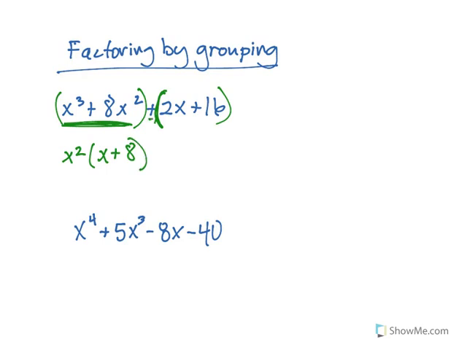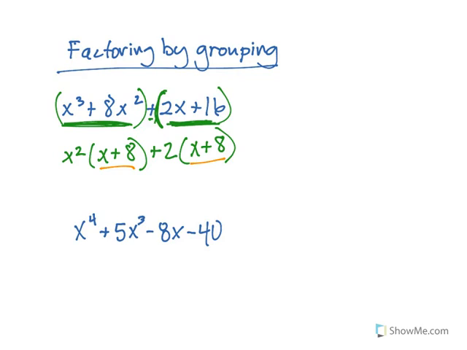Okay, I have a plus sign, so plus sign. Is there anything I can take out here, a GCF? Yes, a 2. I should have x plus 8. Guys, when you're factoring by grouping, these two right here better be the same. If they are not the same, then you did not factor the correct GCF out.